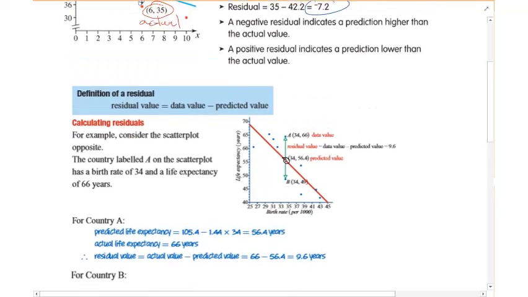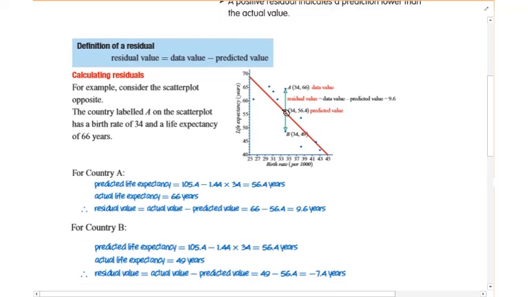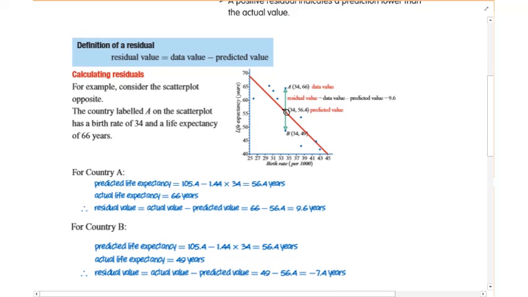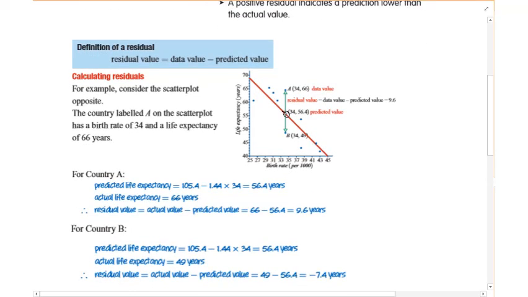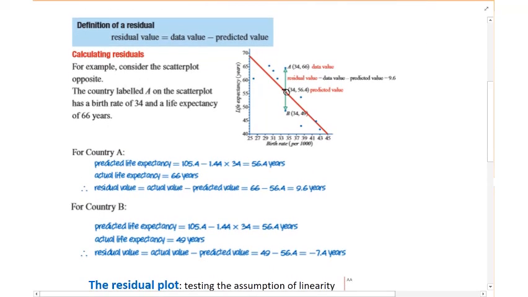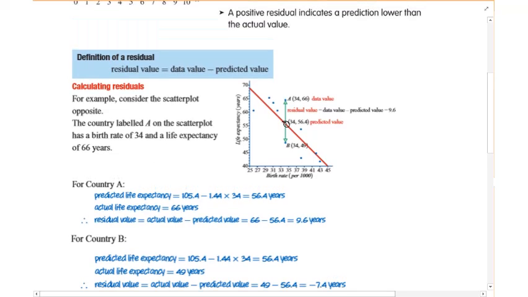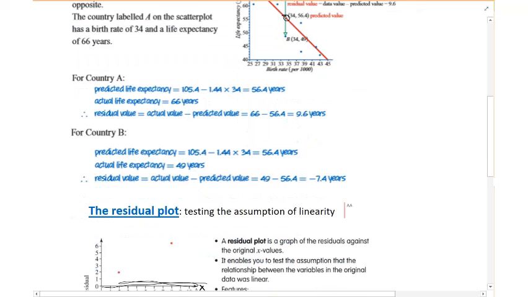And country B is going to have a negative residual because it's below the line. Okay. And you get that because it's actual minus predicted. So if the residual value is positive, that's because the predicted value is actually smaller than what the actual value was.